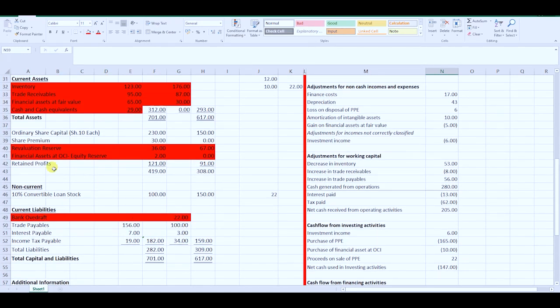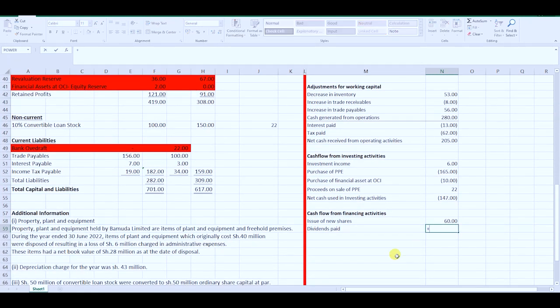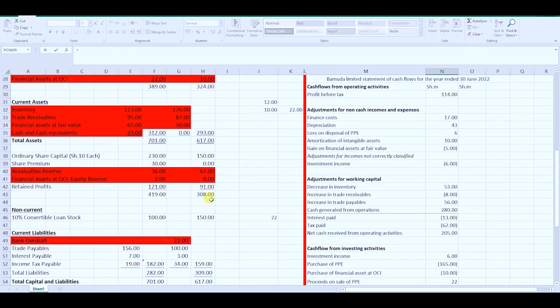Yes, retained profits. When we talk about retained profits, we talk about monies that have been kept. There's a dividend payout ratio and a retention ratio. So these retained profits relate to the dividends. So we have this 91, so comes plus dividends paid, the 91.